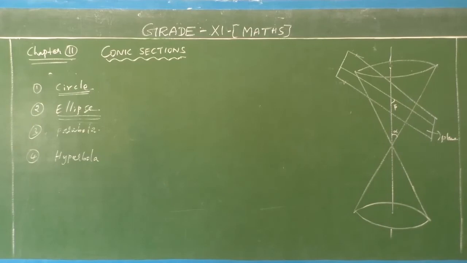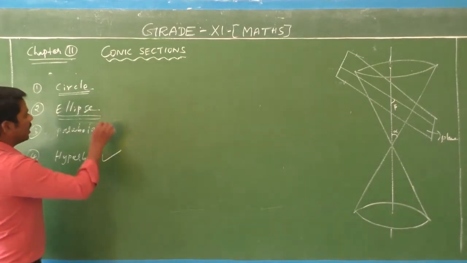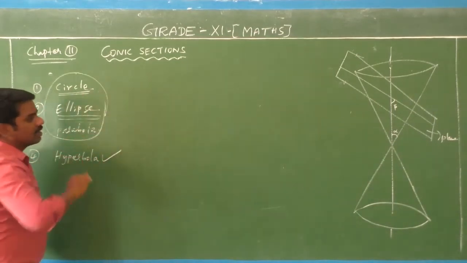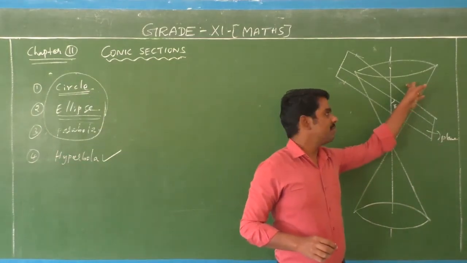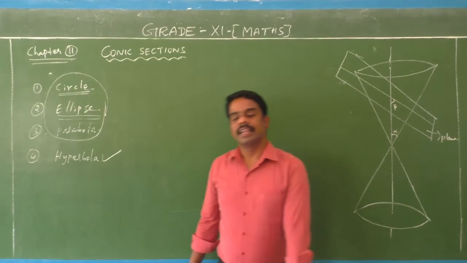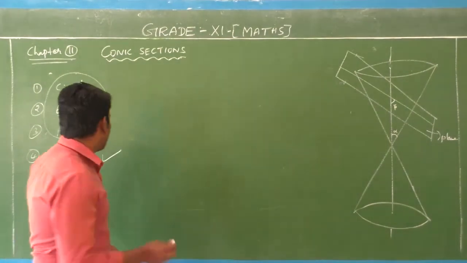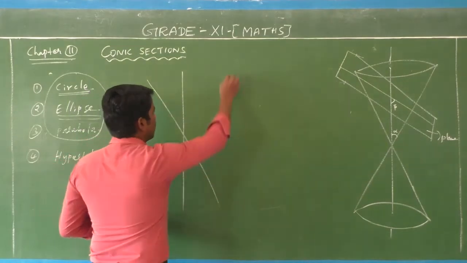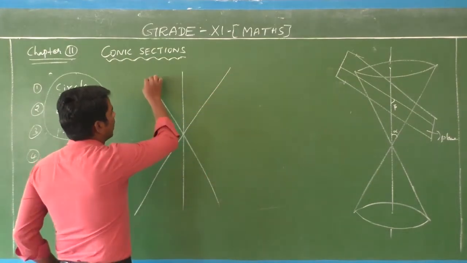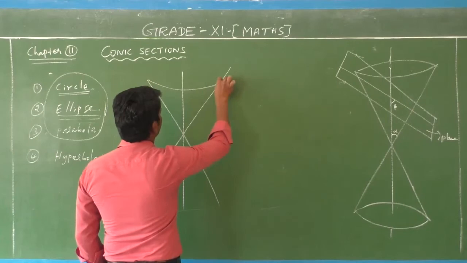Last one, hyperbola. Above three sections, the plane cuts in any one nappe, either the above nappe or the below nappe of the right circular cone. But for a hyperbola, the plane cuts both nappes, the upper nappe and the lower nappe.